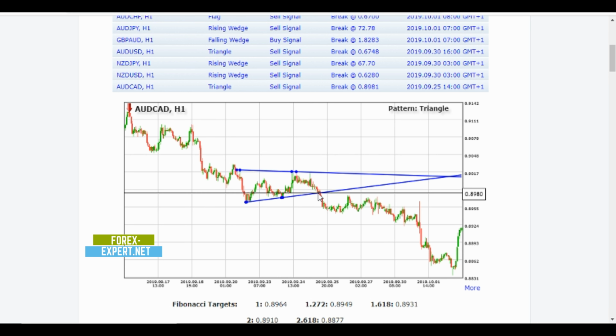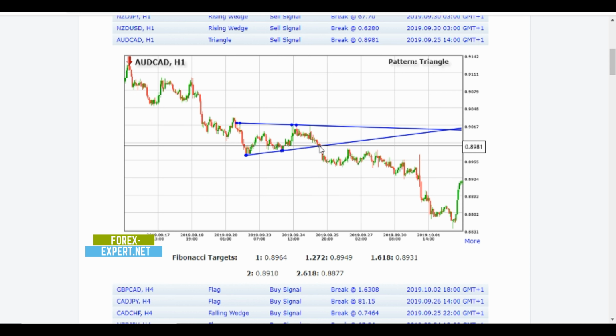And the break happened at 0.8981, going down to 0.8836. Reaching easily the 1.618 and going even farther. So another very good trade.